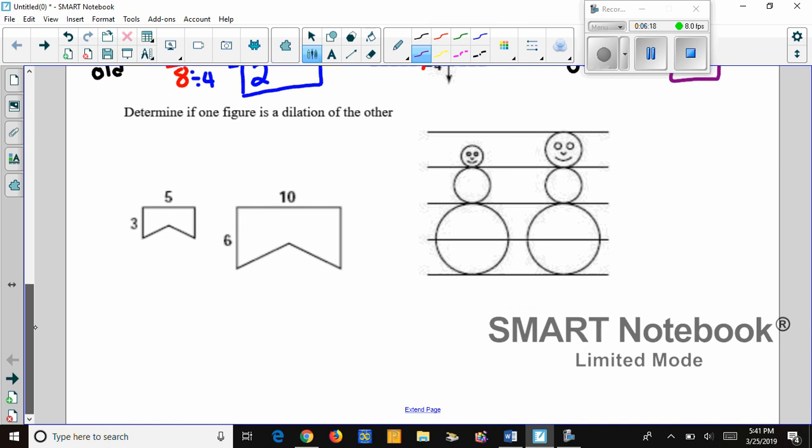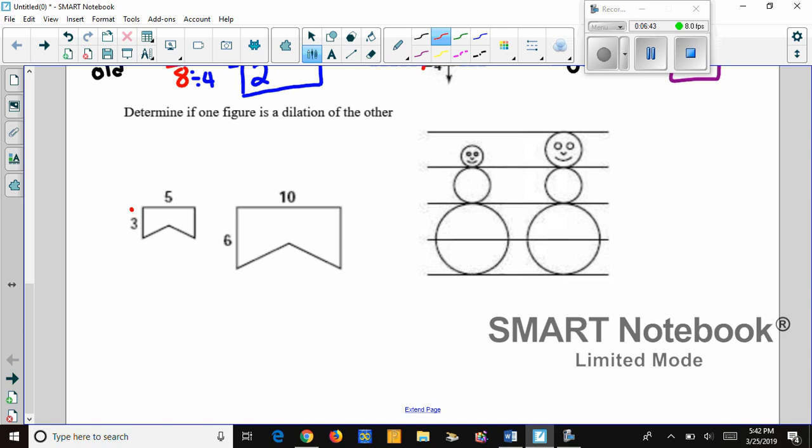Check out these next two. In these, we want to determine if one figure is a dilation of the other. Let's look at the two shapes on the left. Those are pentagons. And we're going to look at the sides that match each other, all those corresponding parts.